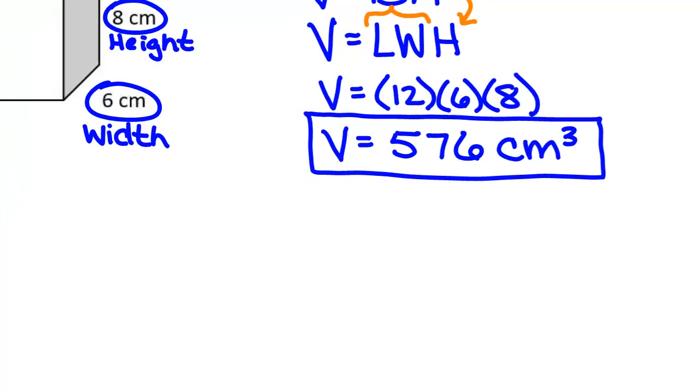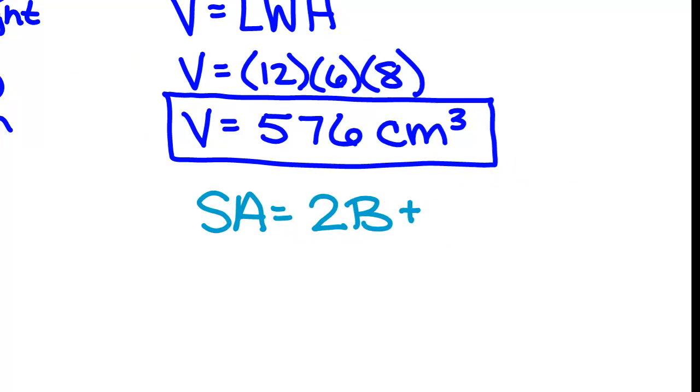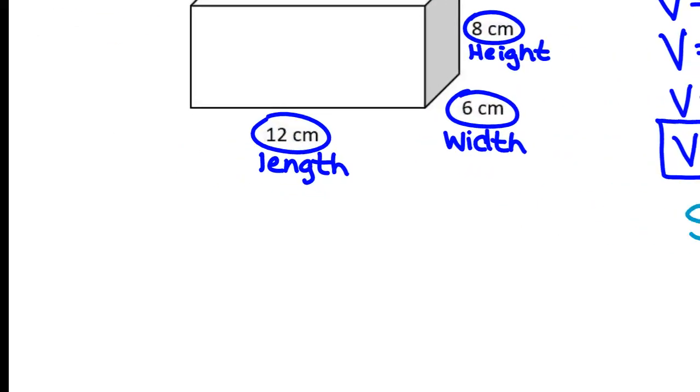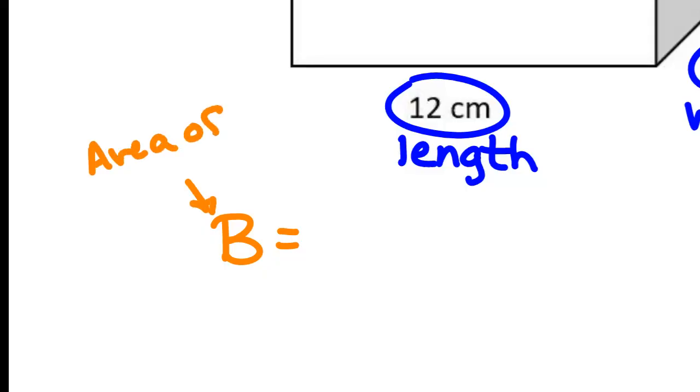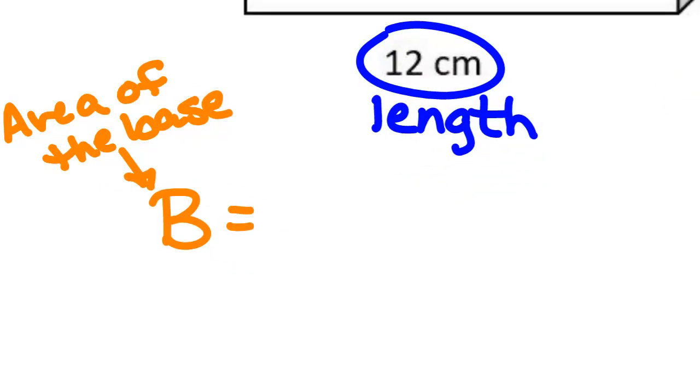All right. And then surface area, we do 2 times the area of the base plus the perimeter of the base times the height of the prism. So we need the area of the base, which is going to be length times width.